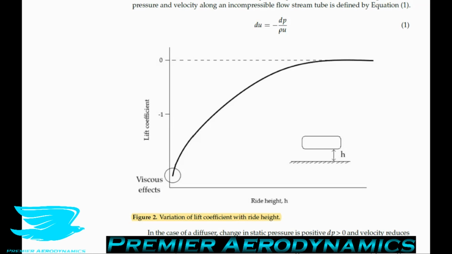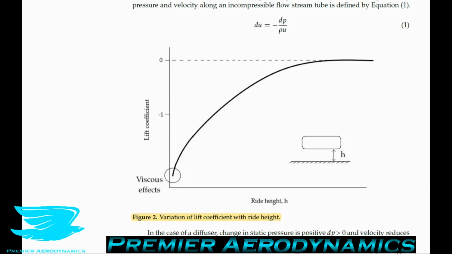Closer to the ground, airflow acceleration beneath the body increases due to ground constraint, reducing the underbody static pressure further, thus generating greater downforce. Nevertheless, the increase in downforce with ride height decrease is limited due to fluid viscosity. These viscous effects are not dominant at larger ride heights, and for this reason, downforce is maximum at a certain low ride height. So what they're saying is viscosity is often a limiting factor in how quickly a fluid can move.